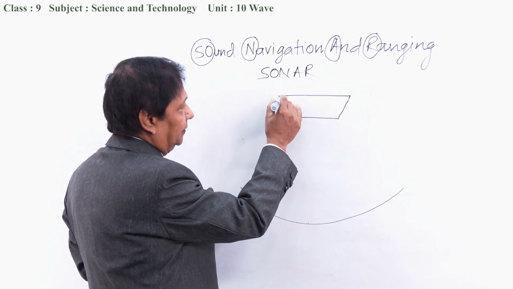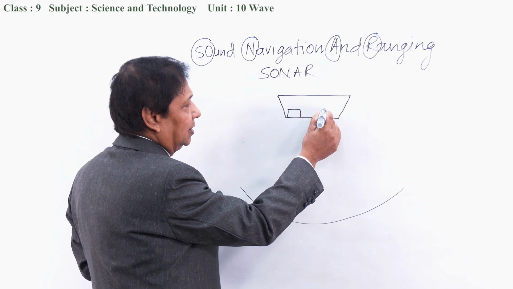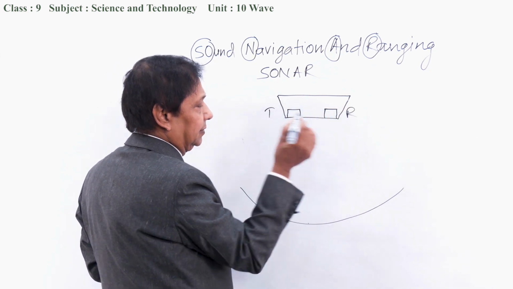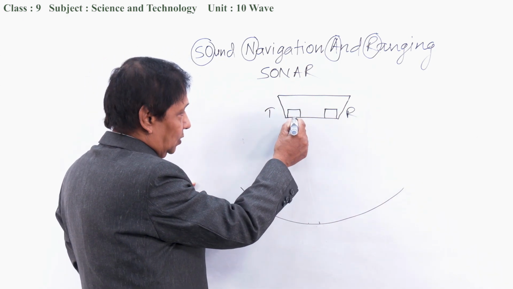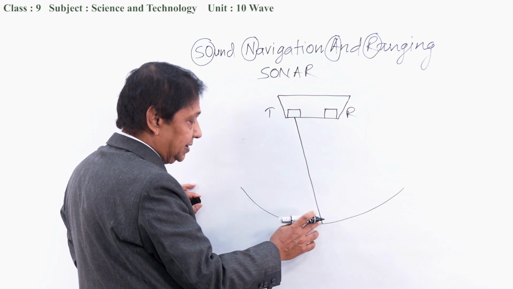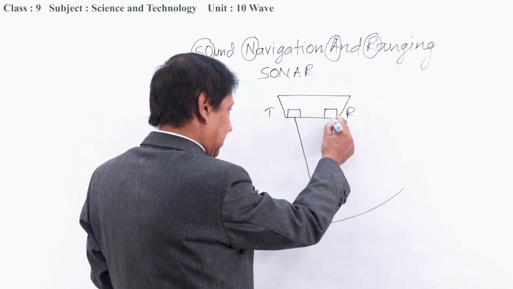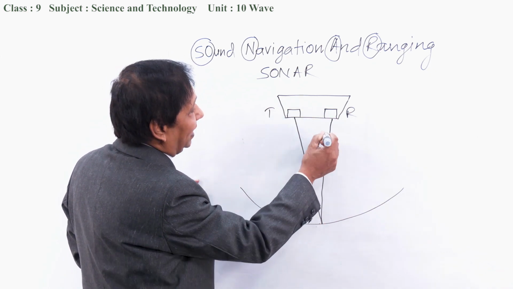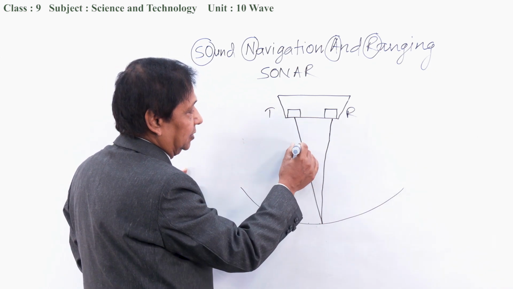One is called the transmitter, I'm writing just T for transmitter, and another is called the receiver. This sonar technology emits ultrasonic sound to the seabed, and when it strikes the seabed, it returns back and is received by this receiver.